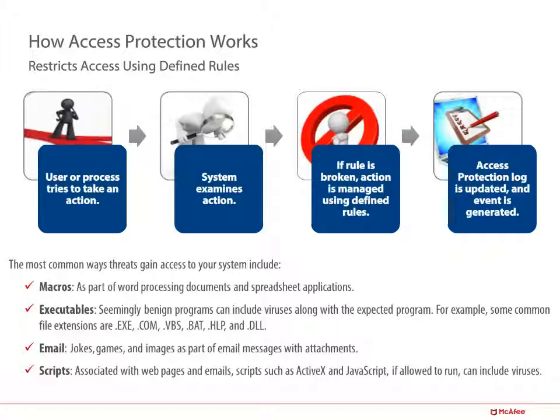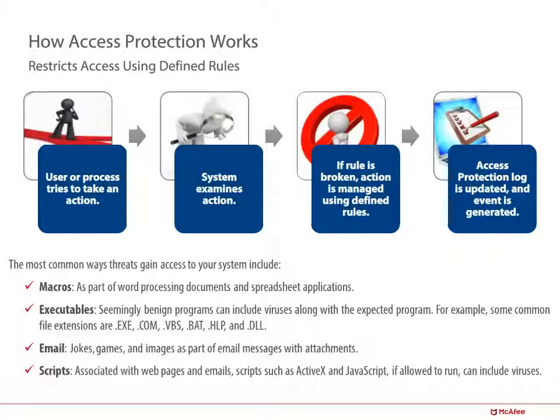We do have some predefined rules, and we have these all divided up into different categories. And if you have any new content updates from our update site, we will have more access protection rules added to this feature. If an access protection rule is broken, whatever action was requested by the user or the process will be handled according to what your rule configuration said.